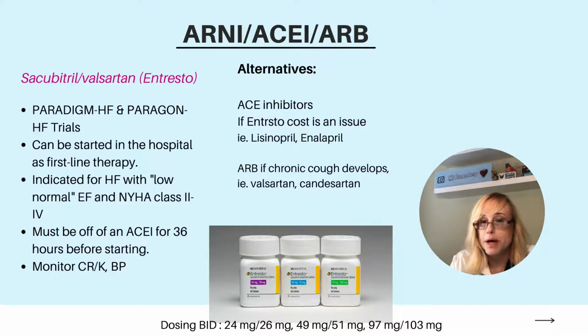Now, an ARB comes into play if the patient develops a chronic dry cough on an ACE inhibitor. You can then switch them to valsartan or candesartan. But now with the new guidelines, it's really recommended as first-line treatment to try to start an ARNI first over an ACE inhibitor or an ARB.